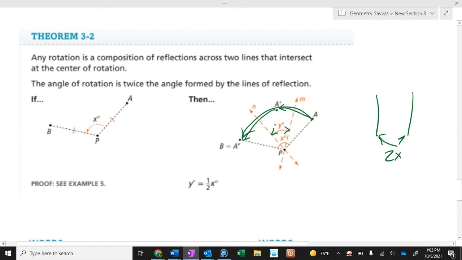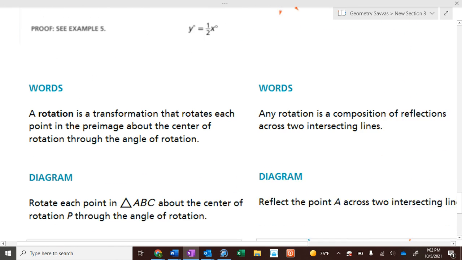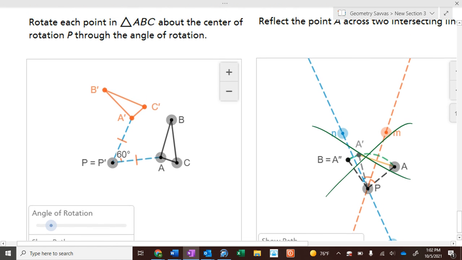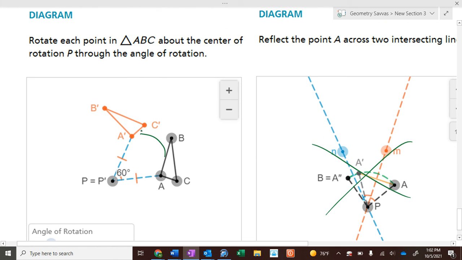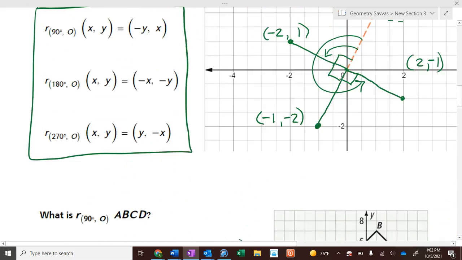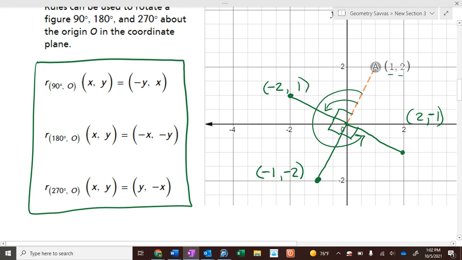So if the angle of these two lines is like 45 degrees, then it would be a 90-degree rotation. Okay? I'm not so concerned about this. You just have to know it's twice as much as the initial angle. But knowing how to rotate is a big thing, and knowing your chart will help in most of your problems today.